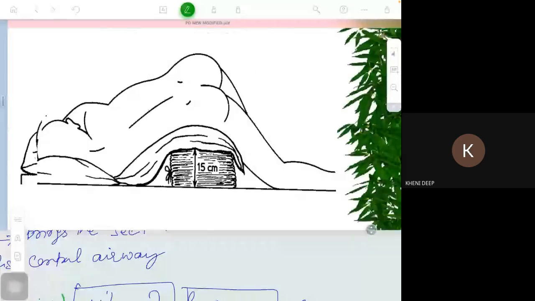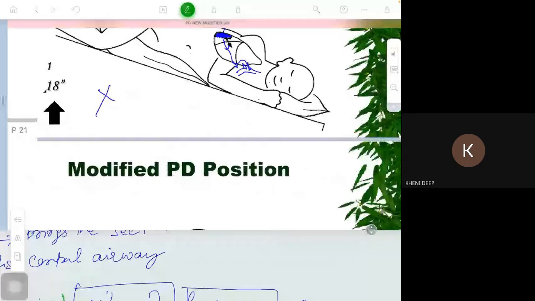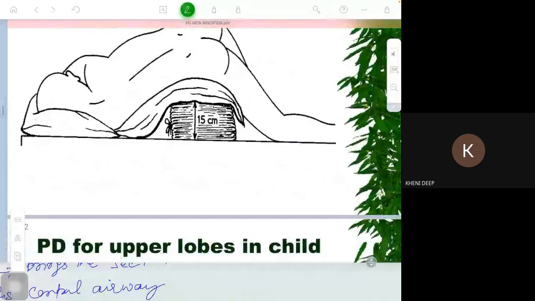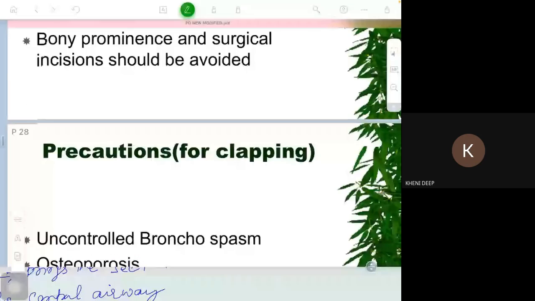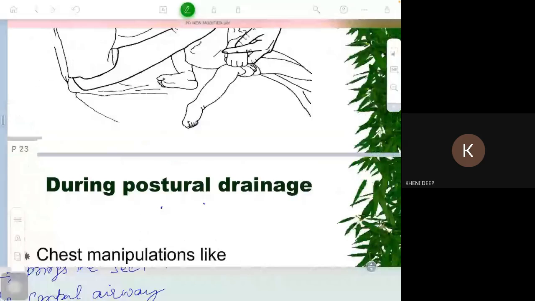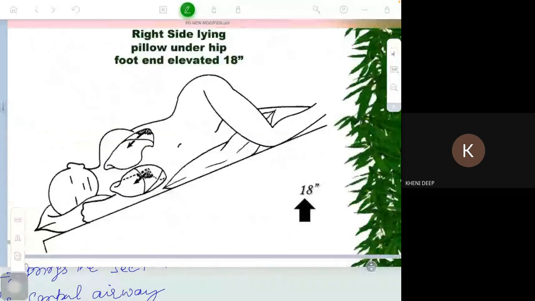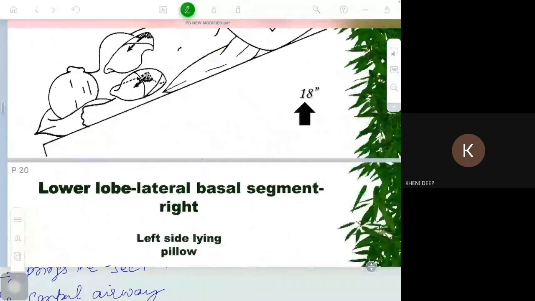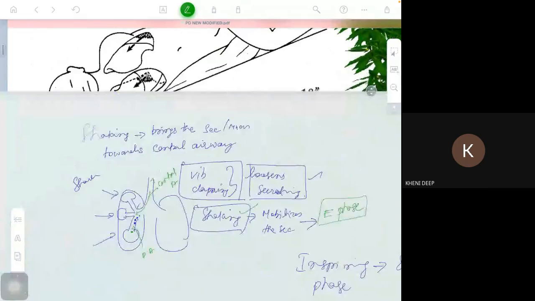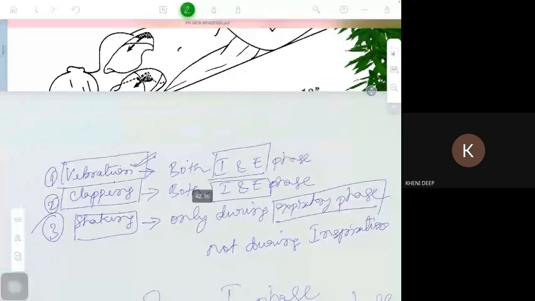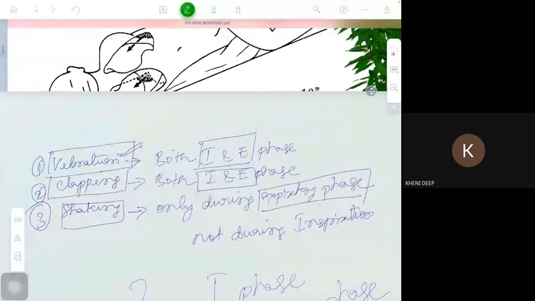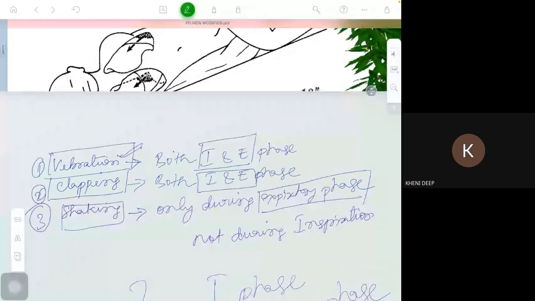I had asked you two questions. Vibration and clapping can be performed both during the inspiratory and expiratory phase, but shaking should be performed only during the expiratory phase.